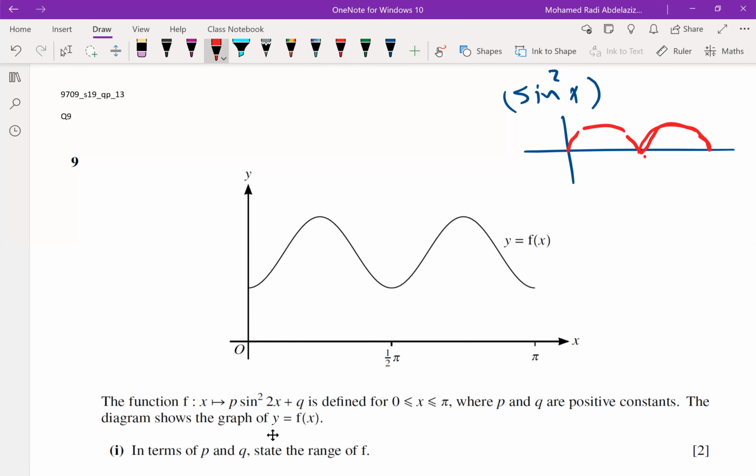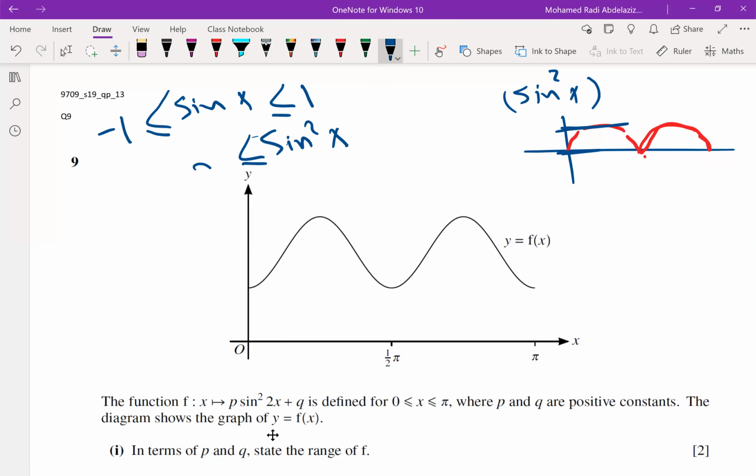So let's show the range of sine and the range of sine squared. The range of sine x is from -1 to +1, but the range of sine squared x is between 0 and 1. From the graph now it's clear.